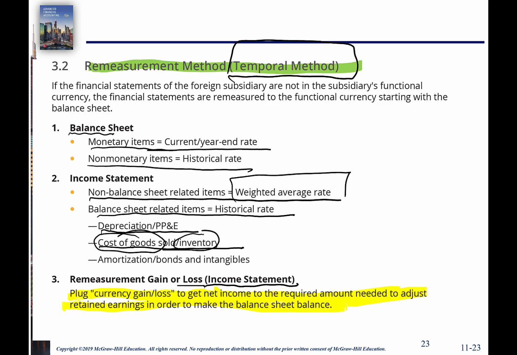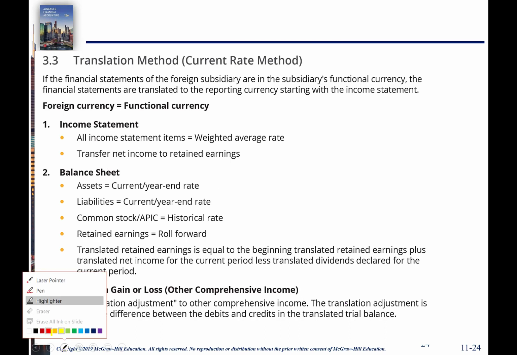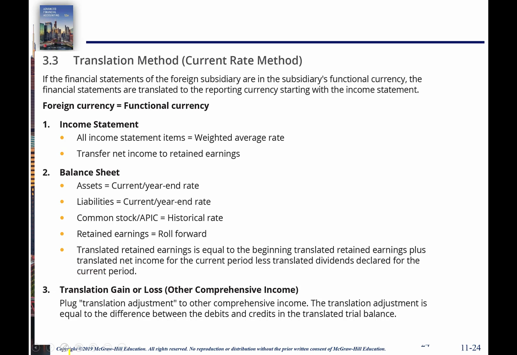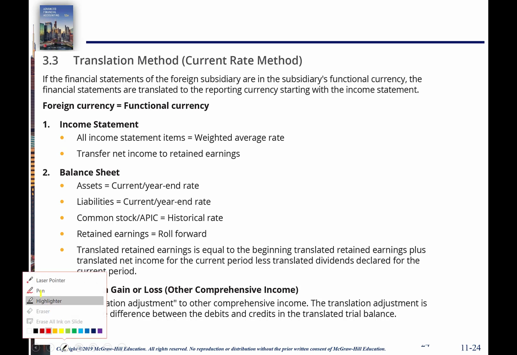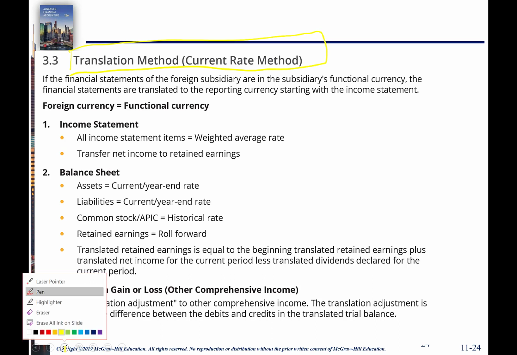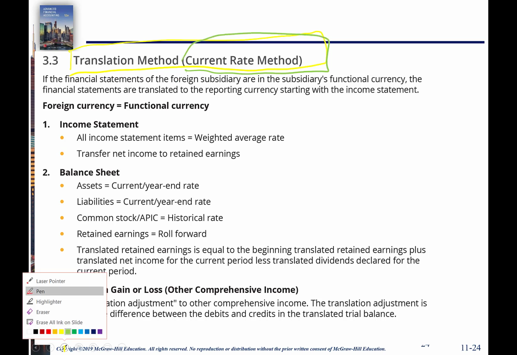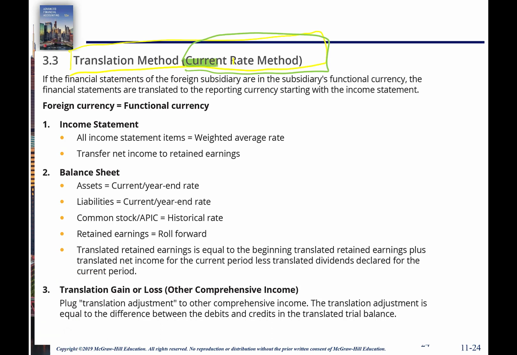Okay? All right, good. Now, we could have to use the translation method. Again, important that you know sort of the other name for these methods. Translation method could also be referred to as the current method, okay? And if it's referred to as the current method, you need to know that means the translation method, okay? So let's just go ahead and turn that to highlighter and take it off of red, okay?